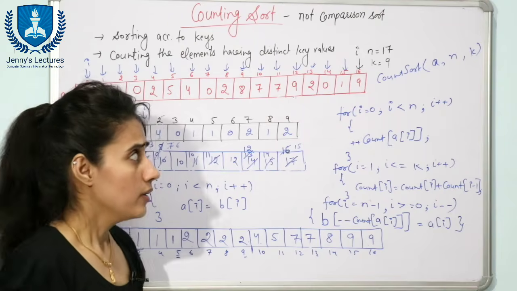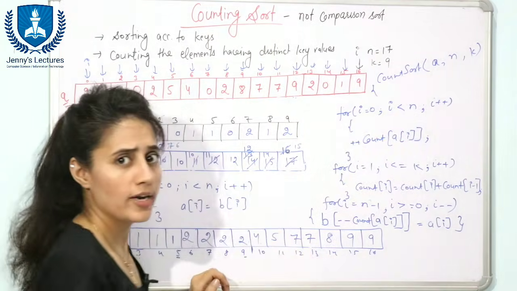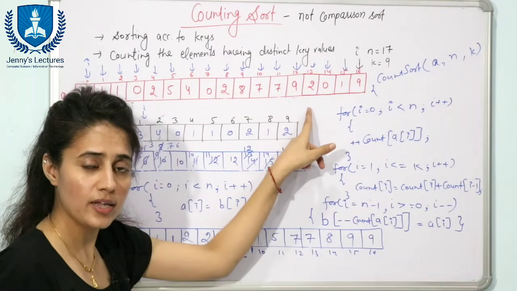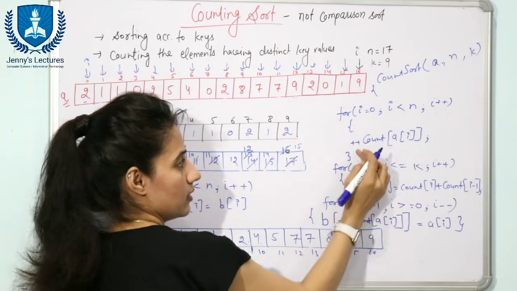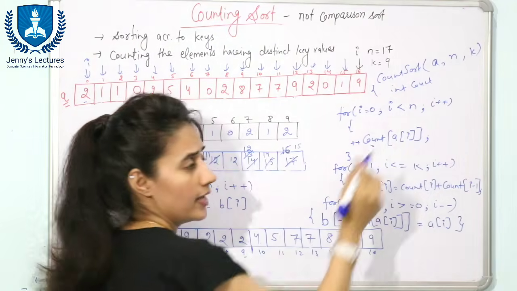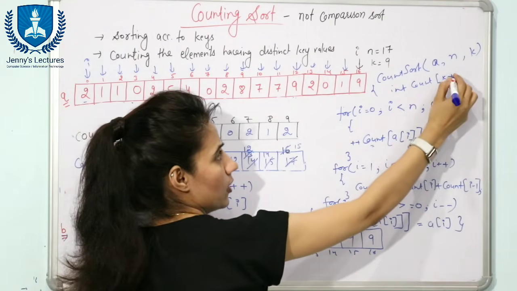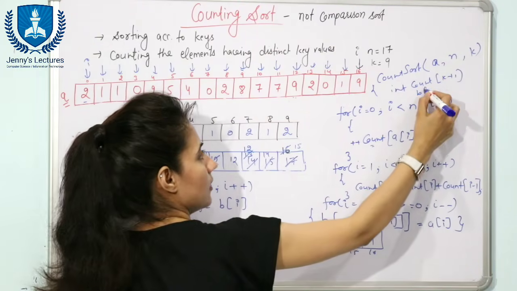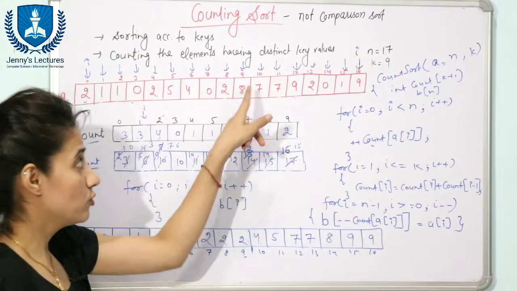Or if you will not pass the k value, you can calculate it within this function: just find the maximum element from the given array, that would be the k value. And just take an initializer array count; the size would be k plus 1. Take another array, that is B, and this B would be the same size as the original array.